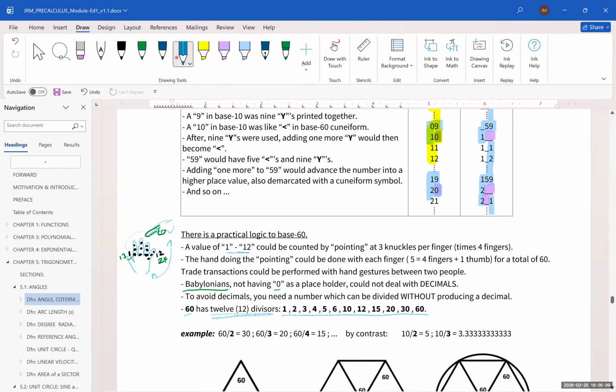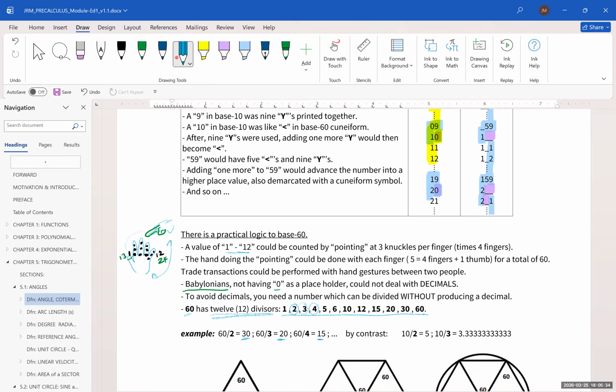As an example, you can have 60 divided by 2. That gives you 30, an integer without a decimal. You can divide 60 by 3 and you get 20, a whole number without a decimal. You can take 60 and divide it by 4 and you get 15. Again, a whole number without a decimal.